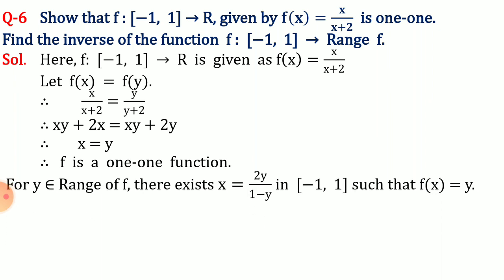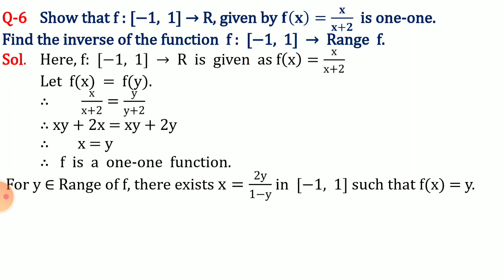Okay, so next, check onto function. For every y belongs to range of f, there exists x equal to 2y upon 1 minus y in minus 1 to 1 such that f of x is equal to y. Why is f of x equal to y? Here, substitute x equal to 2y upon 1 minus y in f of x.